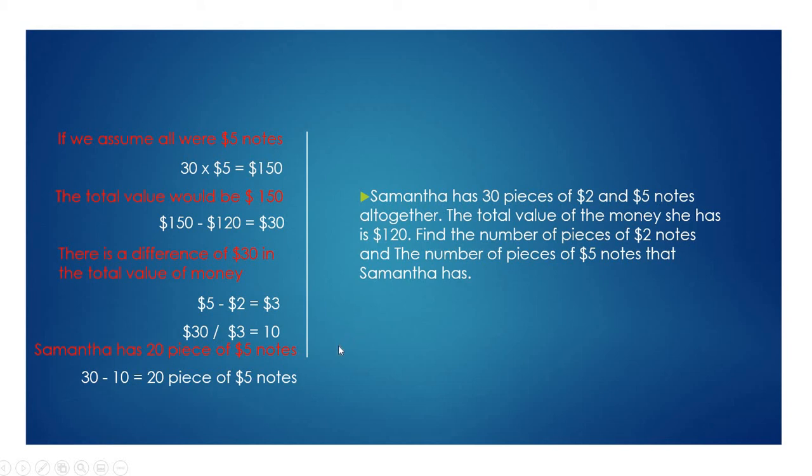So let's check our answer. 10 pieces multiplied by $2 equals $20. 20 pieces multiplied by $5 equals $100. $100 plus $20 is equal to $120.